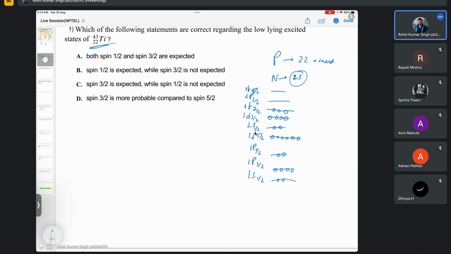Now, what about the excited states? What can happen is one of the neutrons can go here, so that will give us 3 by 2 spin. But after here we have 2p half, right?